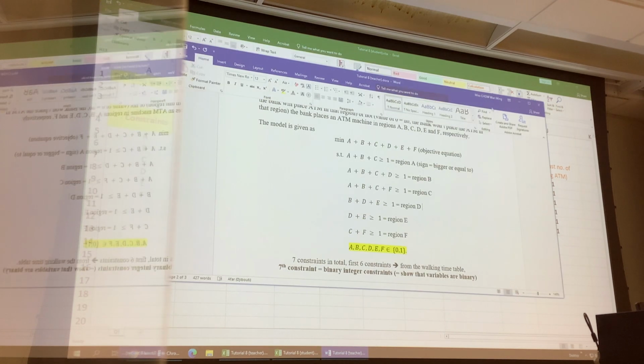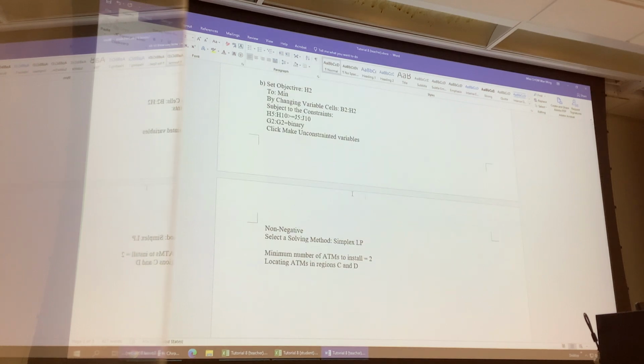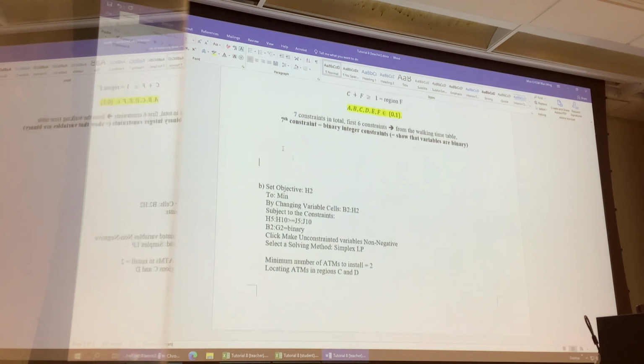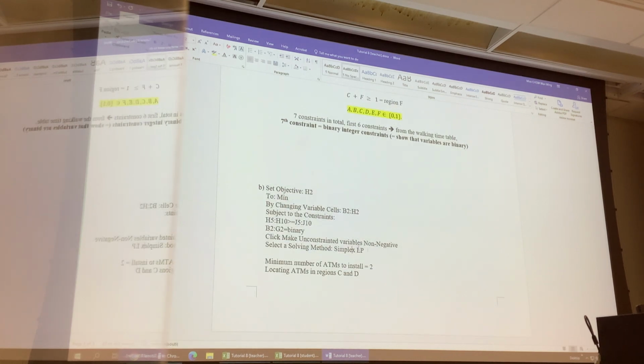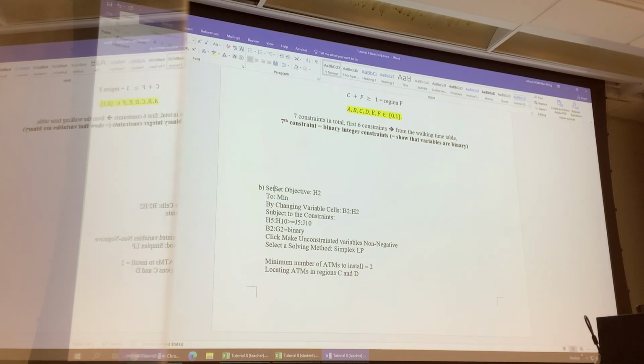So let's go back to the solution here. That is part B. You can have the notes of the settings of solver.